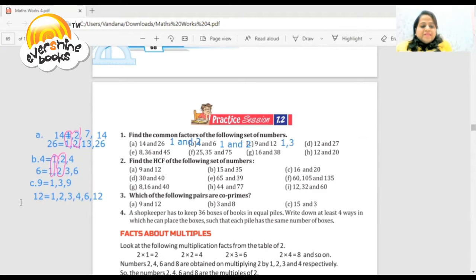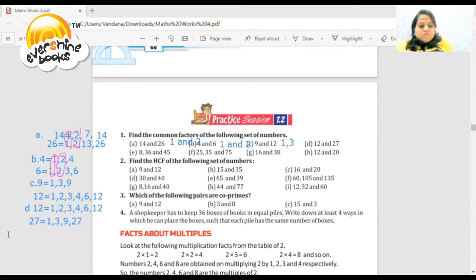Now 12 and 27. So right here D, 12 first. You have to write and find the common factors. Number 12: 1, 2, 3, 4, 6, and 12. These are the factors of number 12, and you have to write number 27 here because you have to find out the factors of 27. 1, 3, 9, and after this 27 itself.